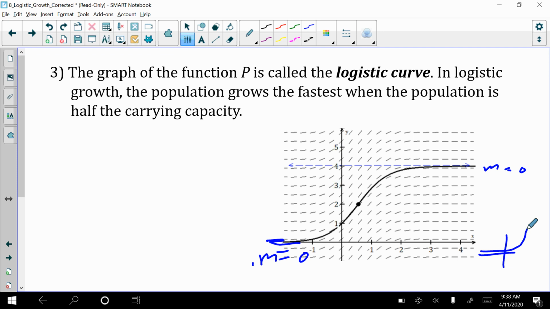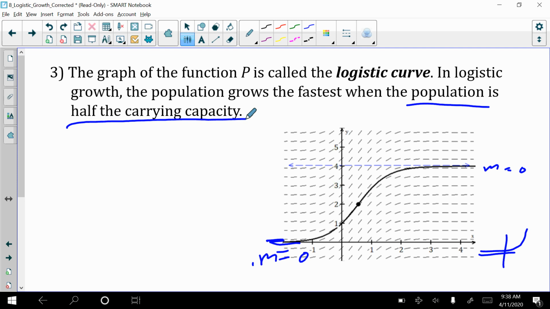So looking at the graph of function P, this is our logistic curve. In logistic growth, the population grows fastest when the population is half of the carrying capacity.